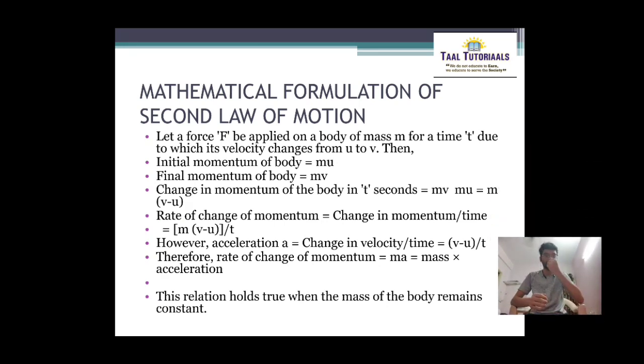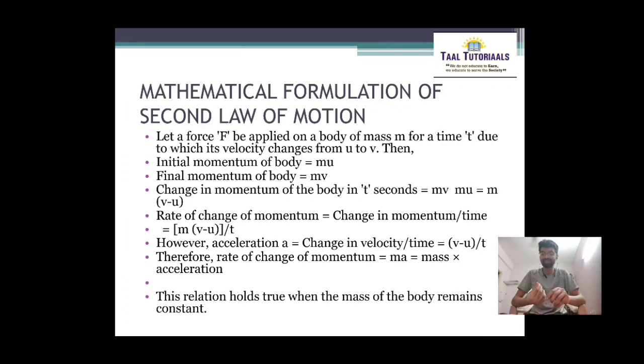This is very important. This is the derivation of the second law of motion, or you can say the mathematical formulation of the second law of motion. Let a force F be applied on a body of mass m for a time t, due to which its velocity changes from u to v.